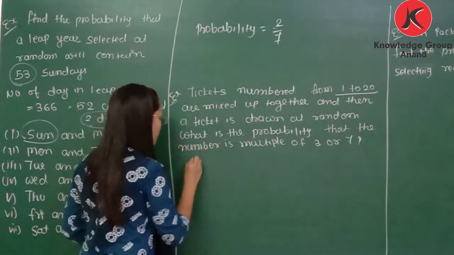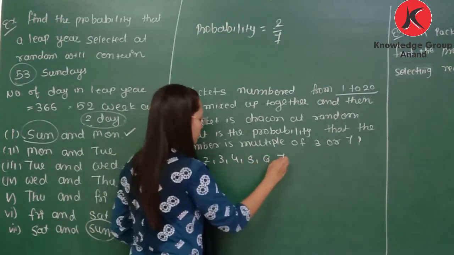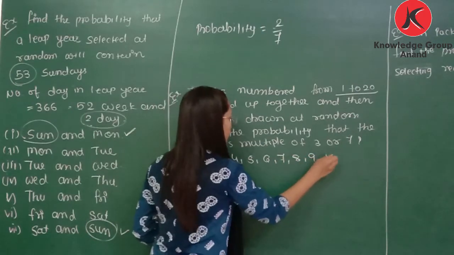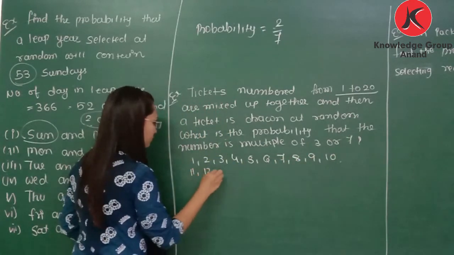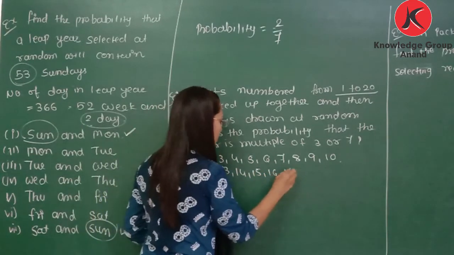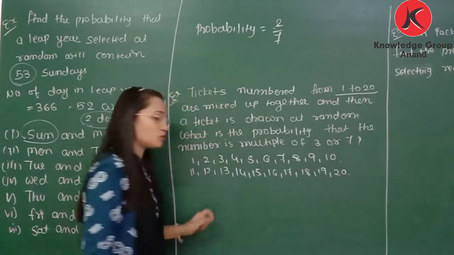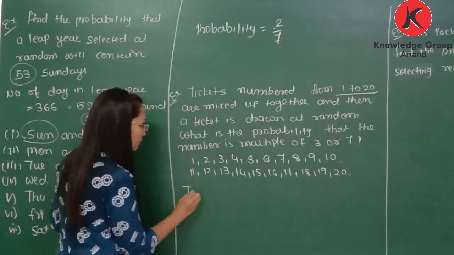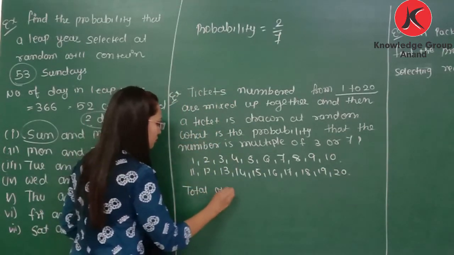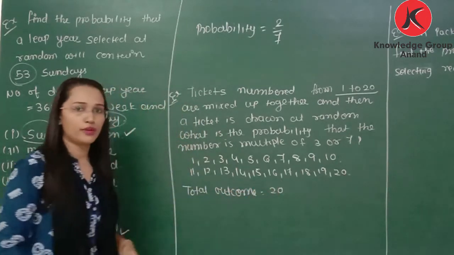So let's write the numbers from 1 to 20, 17, 18, 19 and 20. So total outcomes are 20. Now find the favorable outcomes.